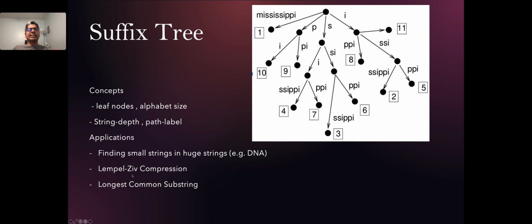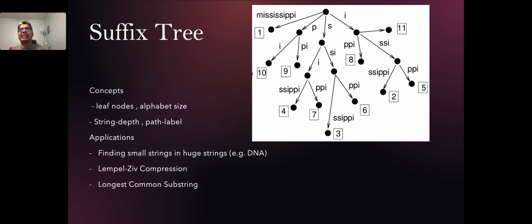Another application is Lempel-Ziv compression. The Lempel-Ziv compression works in a similar way. Whenever it sees a sequence that was already seen before, it references that sequence instead of repeating it.